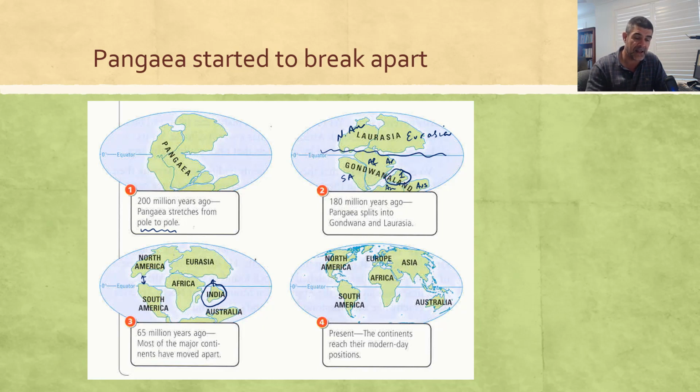There's been a slight separation between the African and Arabian plates, and we've talked in a previous video about how that separation has occurred and is occurring now. And you can also see India has been lost within the Asian land mass.